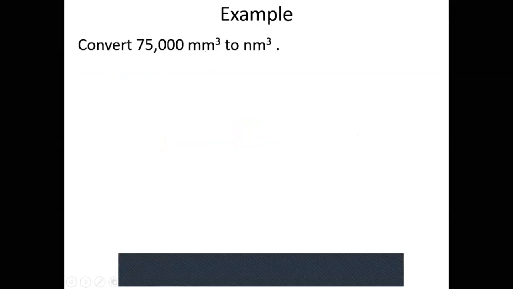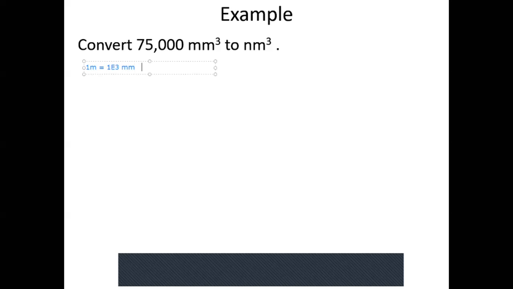Lastly, we're going to do a cubic conversion. Here we want to convert millimeters cubed to nanometers cubed. What we know is that 1 meter is 1 e to the 3 millimeters, and 1 meter is 1 e to the 9 nanometers.